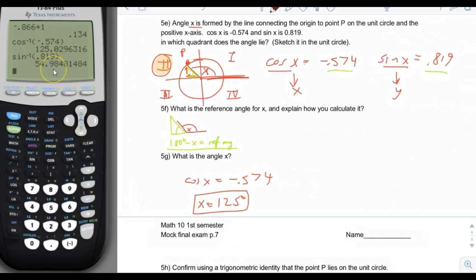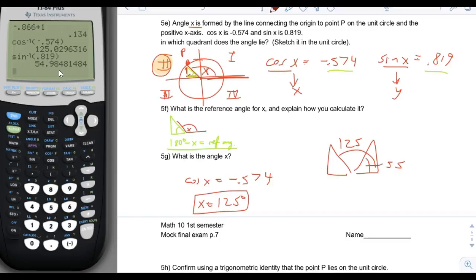It's going to give me the angle 54.98, or 55 degrees, instead of 125 degrees. The reason that happens is that the sine of the angle of 55 degrees and the sine of the angle of 125 degrees both have the same y-coordinate, so they both have the same sine.